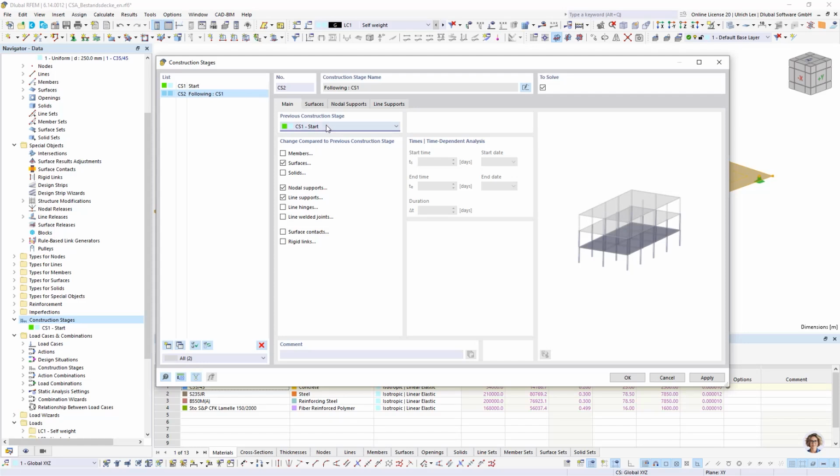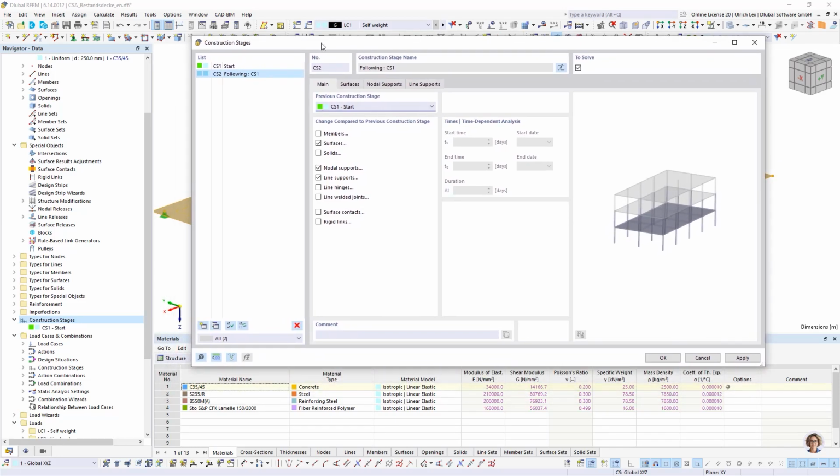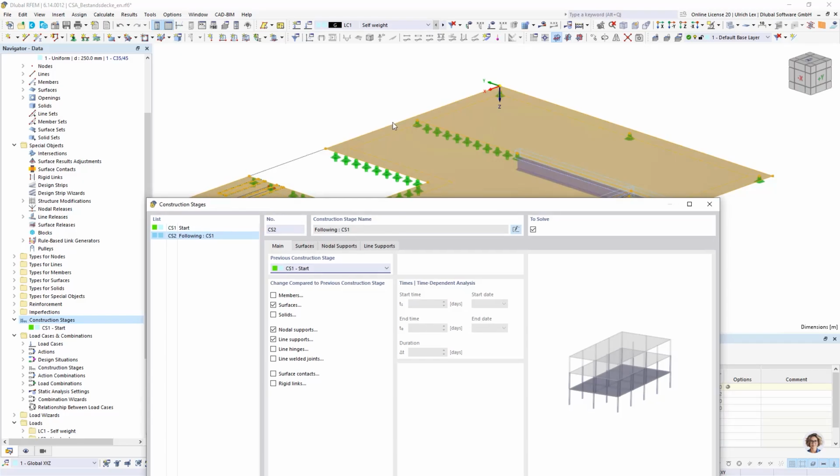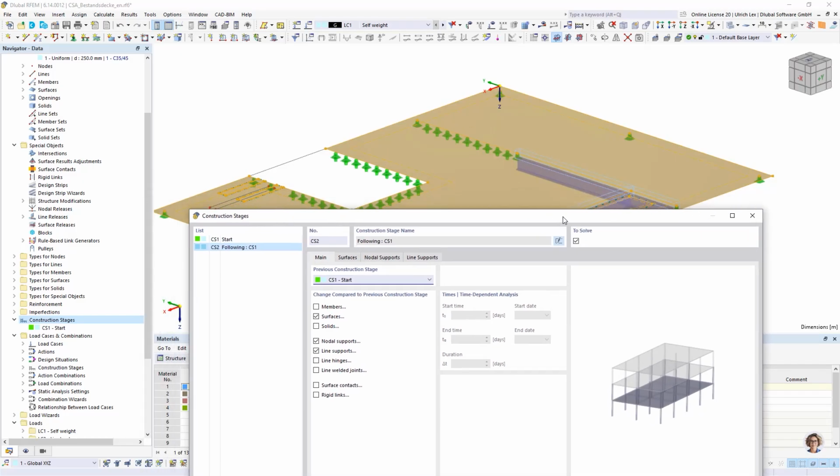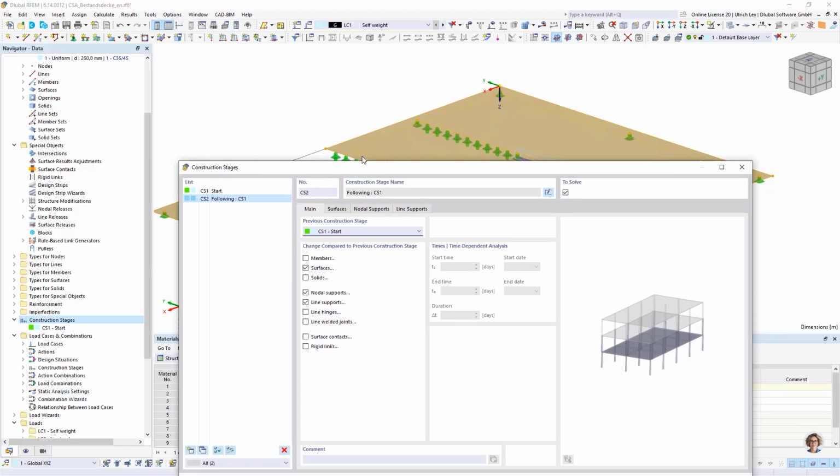That means that it sets the deformations and so on. And so the self weight is transferred from the first stage to the second stage.